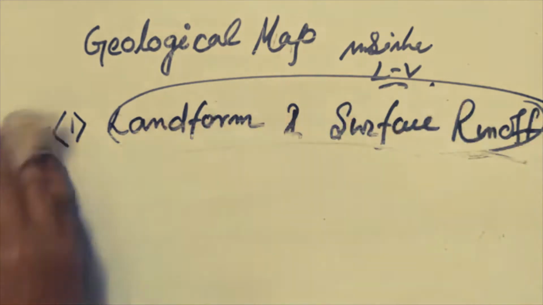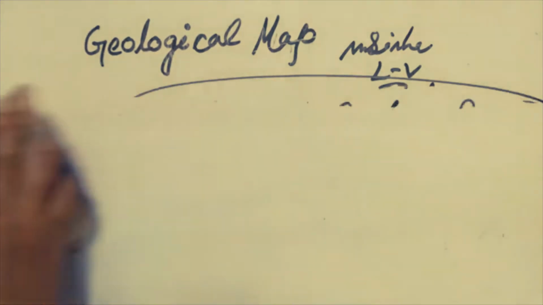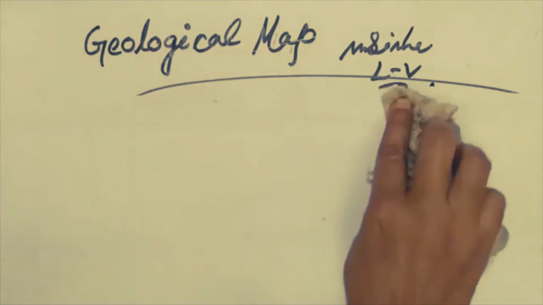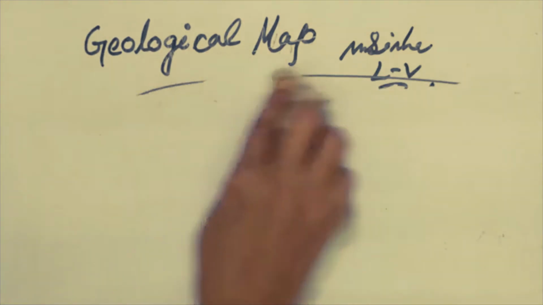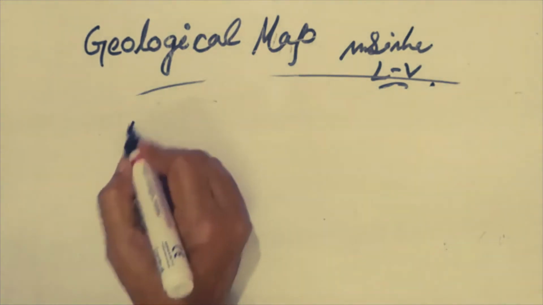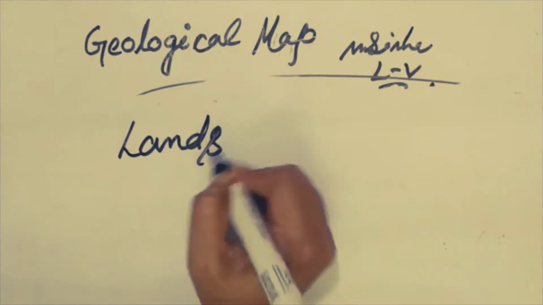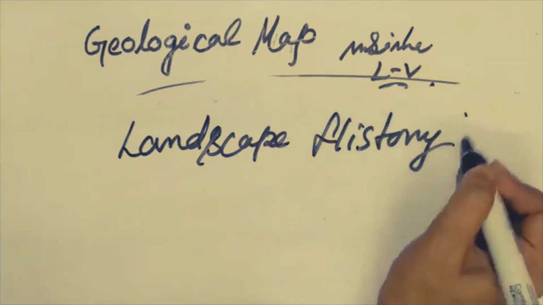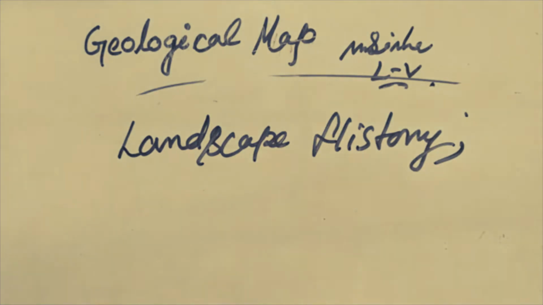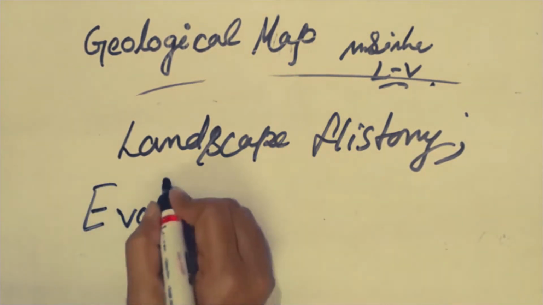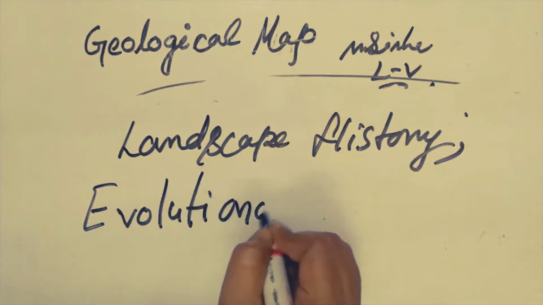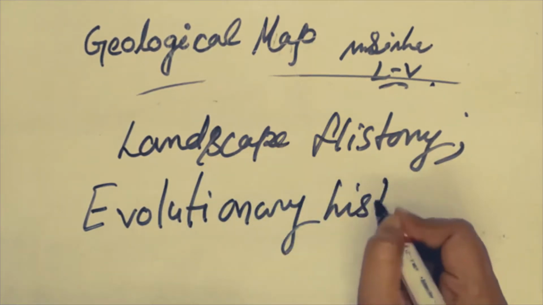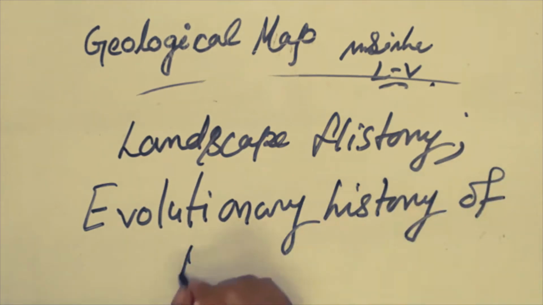Ultimately, that kind of relationship provides information about the landscape history, the evolutionary history of landscape.